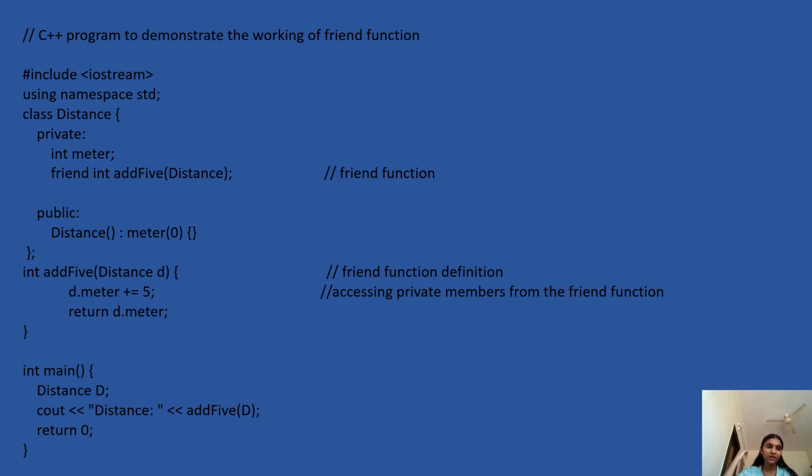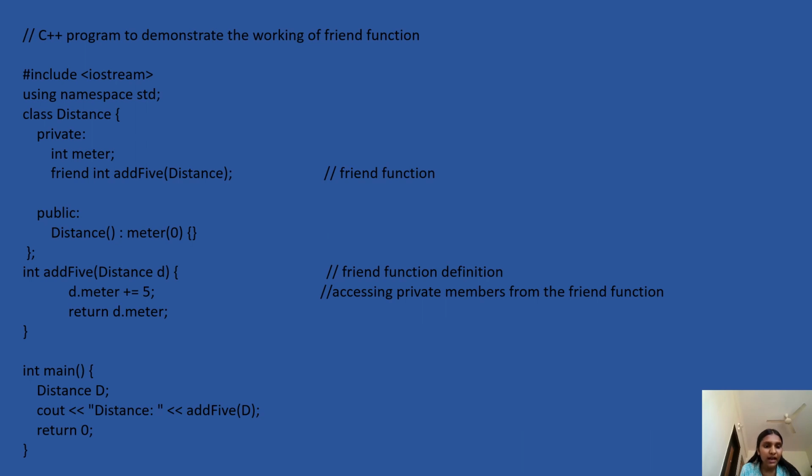In the int main function, the program creates the object for class distance and calls the add5 function, passing the object as the argument. The add5 function then accesses the private data member of the distance object using the friend declaration.